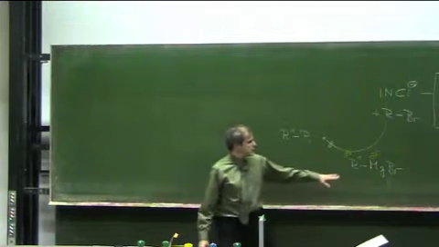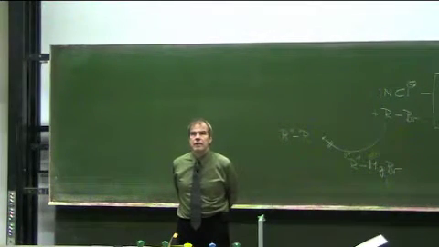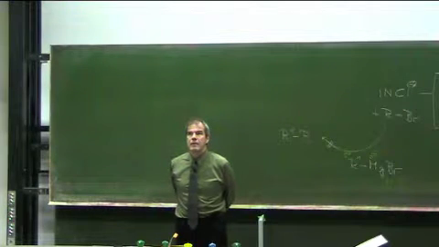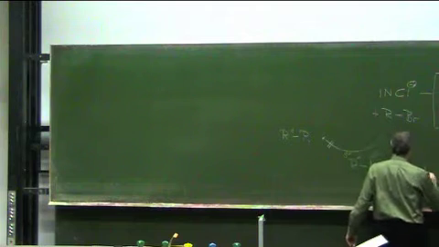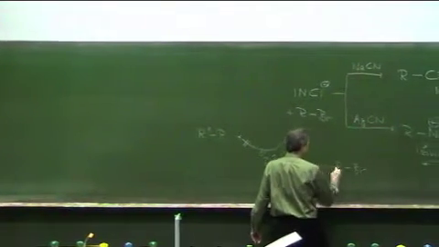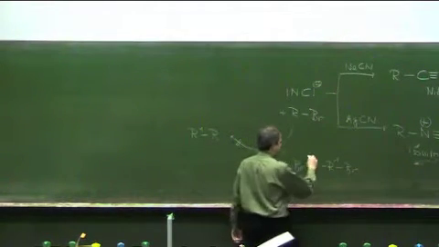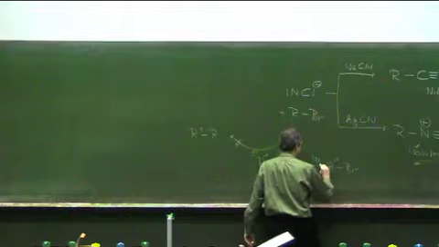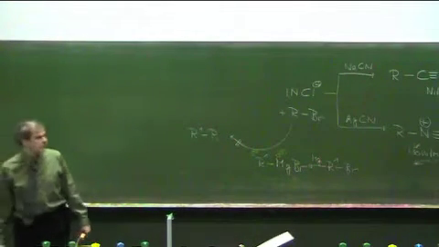Who knows how you synthesize Grignard reagents? Does anyone remember from the second year lecture on Grignard reagents? You synthesize from an alkyl halide by reacting it with magnesium.